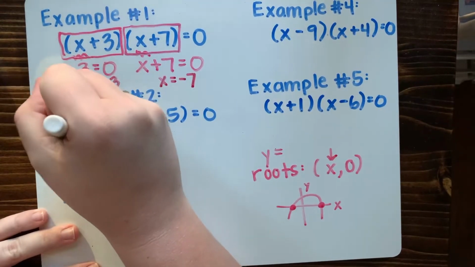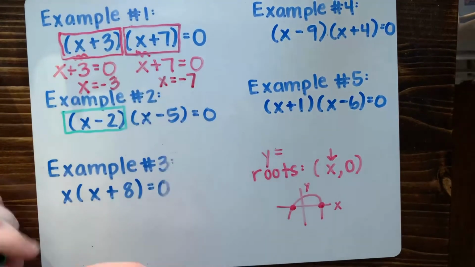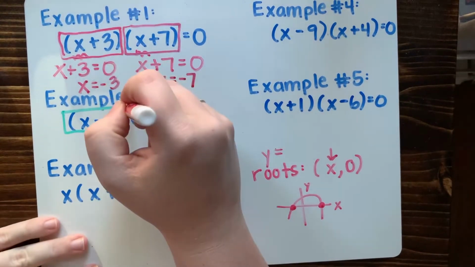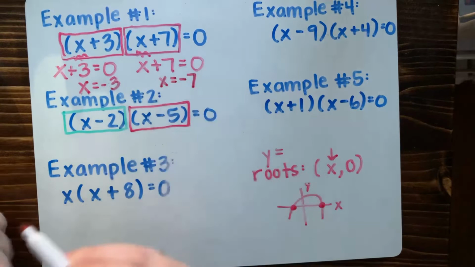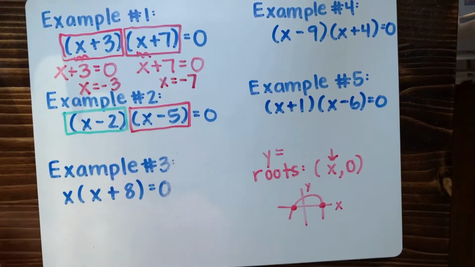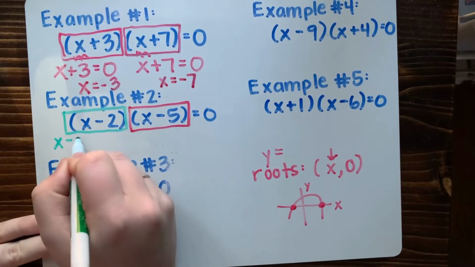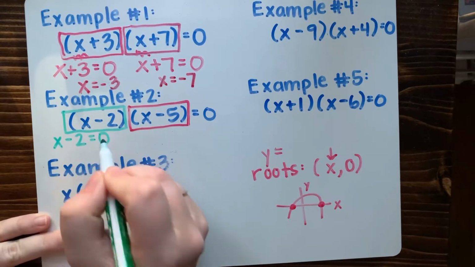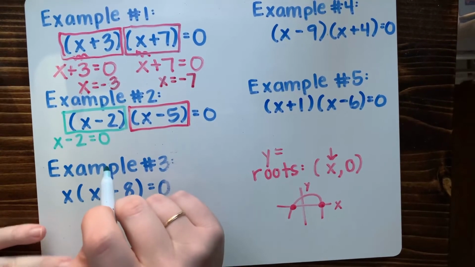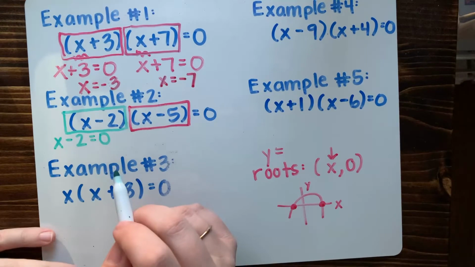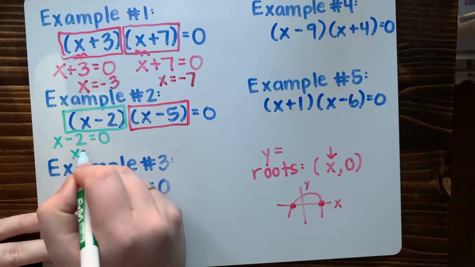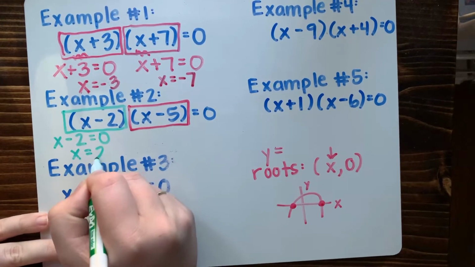Again, either this piece equals 0 or this piece has to equal 0. So let's look at our green piece. x minus 2 equals 0. What will x equal if x minus 2 equals 0? What minus 2 equals 0? That's going to be positive 2.